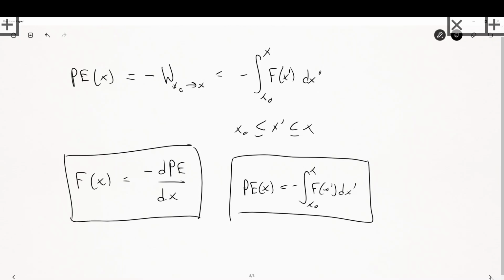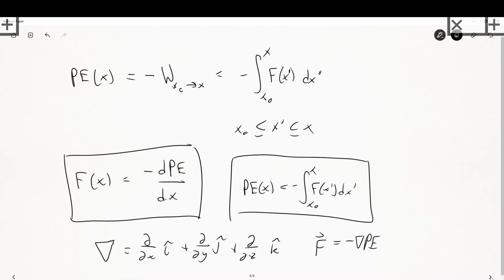When we're working in 3 dimensions, we'll work with something called the gradient operator. We're not doing that in this class, but you'll see it if you ever take 2049 or multivariable calculus. And so when we're talking about the gradient operator, the force field is the negative gradient of the potential energy.